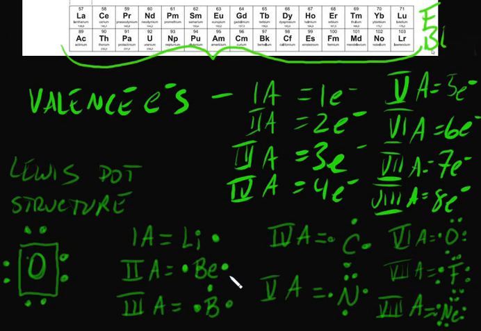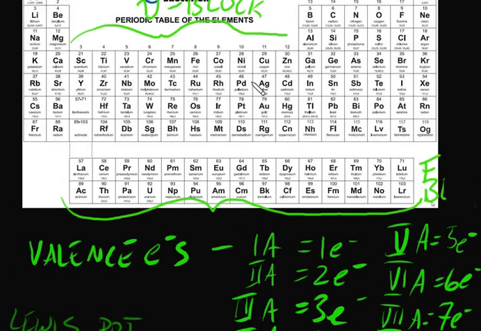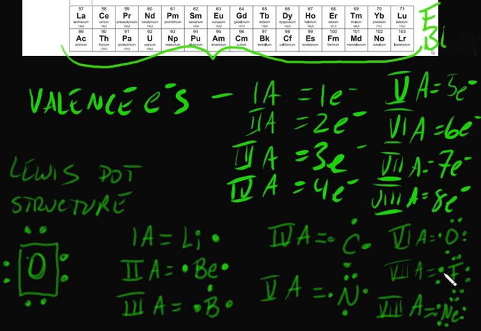They'll all be the same. You just change the elemental symbol. Same with boron, aluminum, gallium, 3 dots, carbon, silicon, group 4A, all 4 dots. So once you can draw group 1A through group 8A, the other elements are the same.